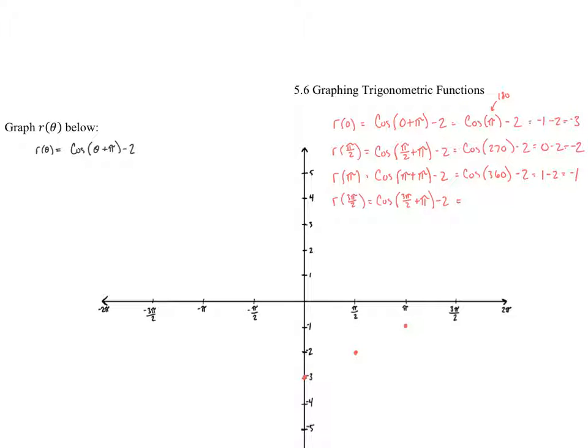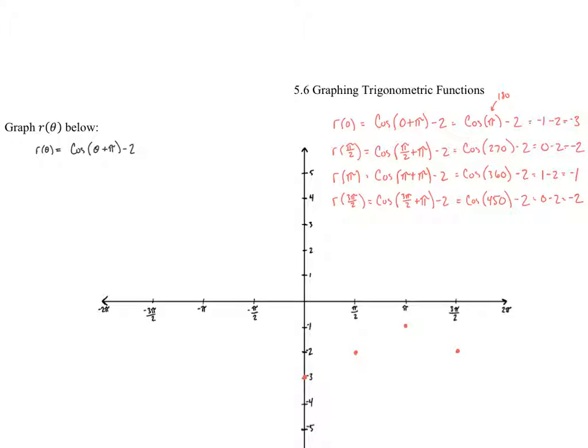So really we're dealing with cosine of 450 minus 2. And cosine of 450 is 0 because that's the x-coordinate when we're at 450 degrees. 0 minus 2 is -2. So we're moving back down the cycle again.